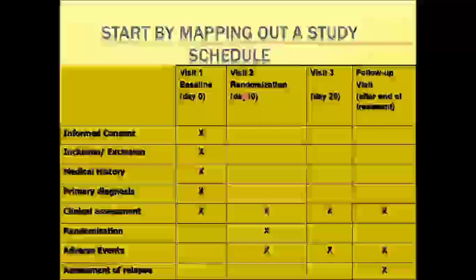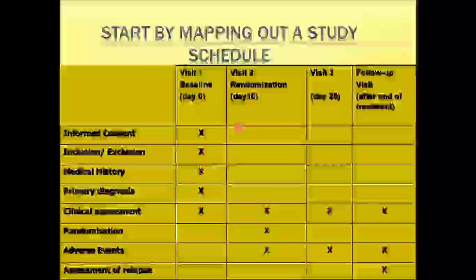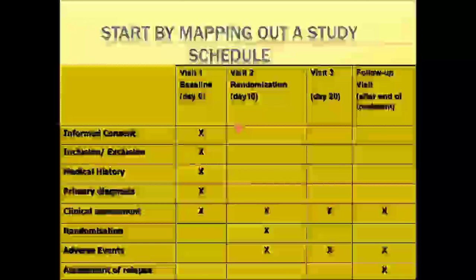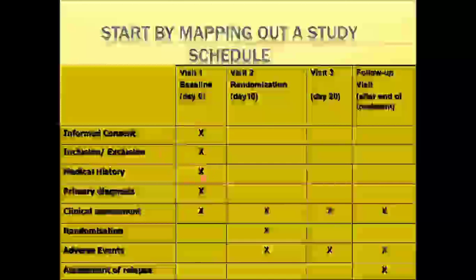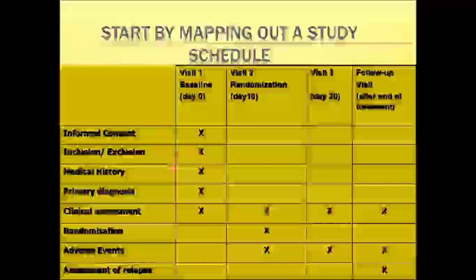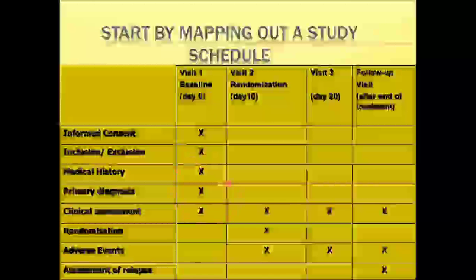So the first thing that we need to chalk out is what are the various procedures that we are going to perform during these visits. Supposedly in the baseline or day 0 visit we would take the informed consent of the patient, verify the criteria, including exclusion criteria, take the medical history, and go for primary diagnosis and clinical assessment.